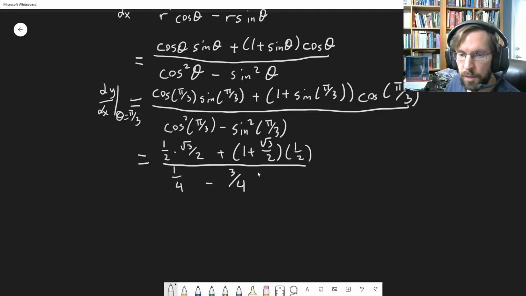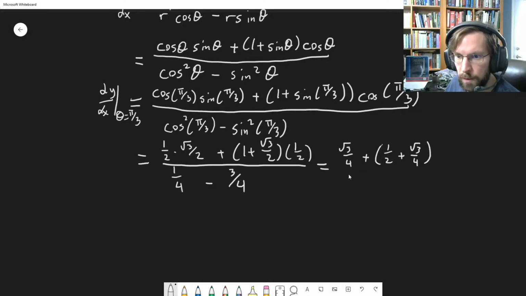And I believe we can simplify this a little bit. The first term is root 3 over 4 plus, we can write this as 1/2 plus root 3 over 4, divided by negative 1/2.